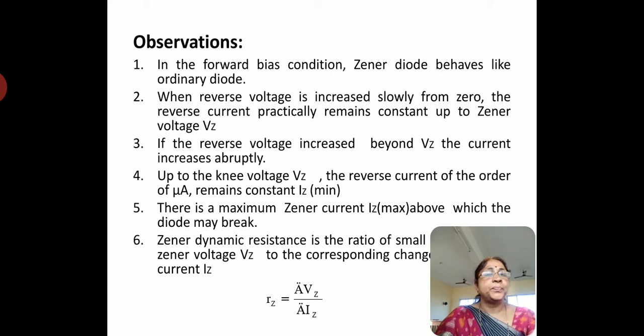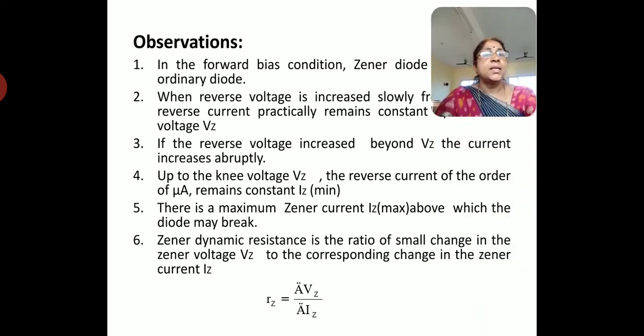Now, the Zener diode resistance is known as the dynamic resistance. It is the ratio of a small change in the Zener voltage Vz to the corresponding change in the Zener current Iz. That is, delta Vz divided by delta Iz is the Zener dynamic resistance.